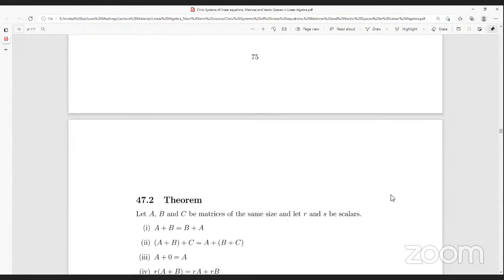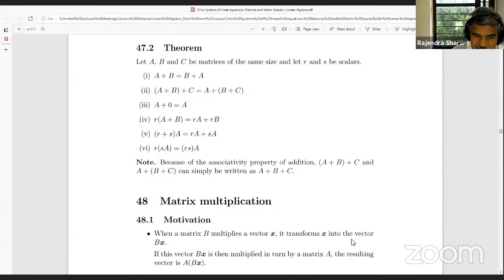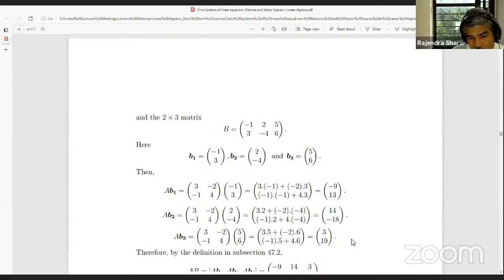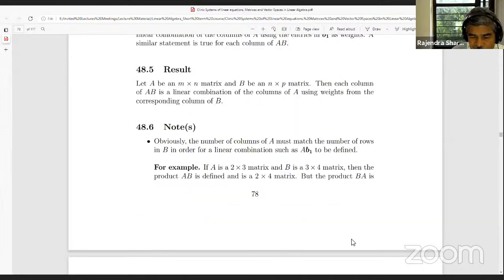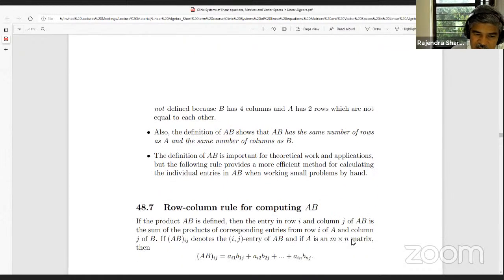And then we have a field. A field means it has two operations, namely addition and multiplication. With respect to addition, F is an abelian group. With respect to multiplication, the non-zero elements of F also form an abelian group. And multiplication distributes over addition.